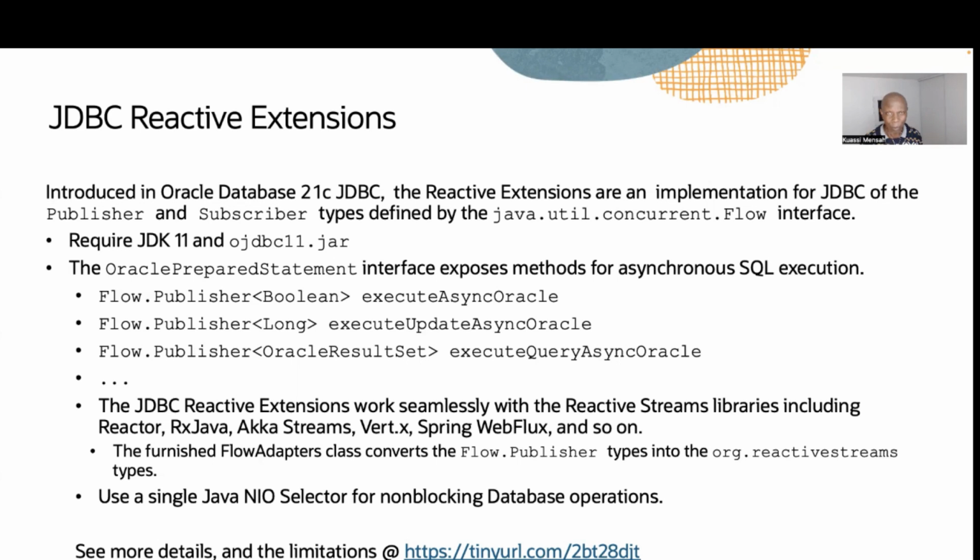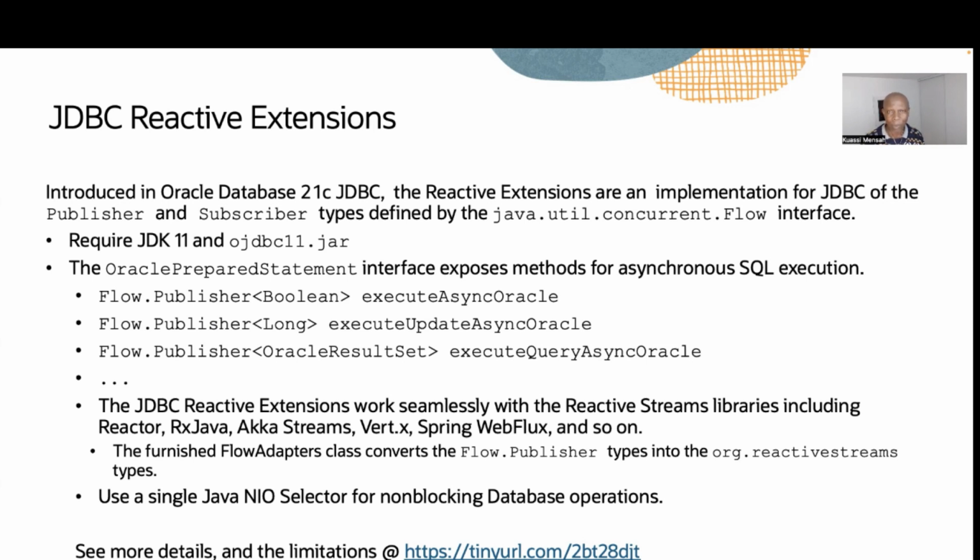In fact, JDBC uses a single selector for the entire driver. As soon as there is a notification, the selector will issue a callback, and that will go back to the requester.